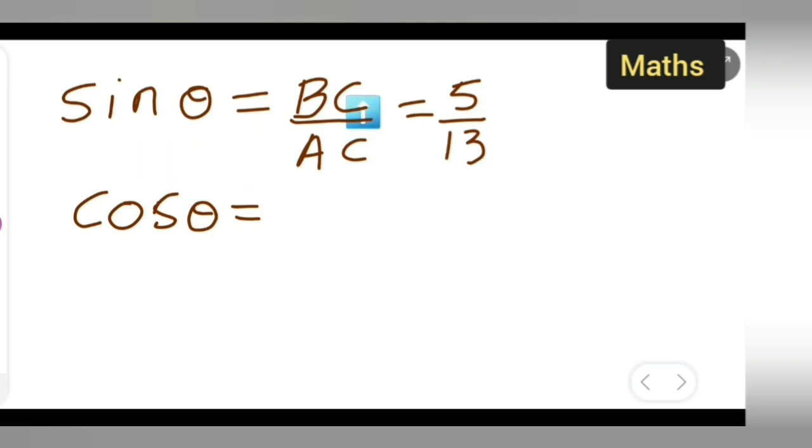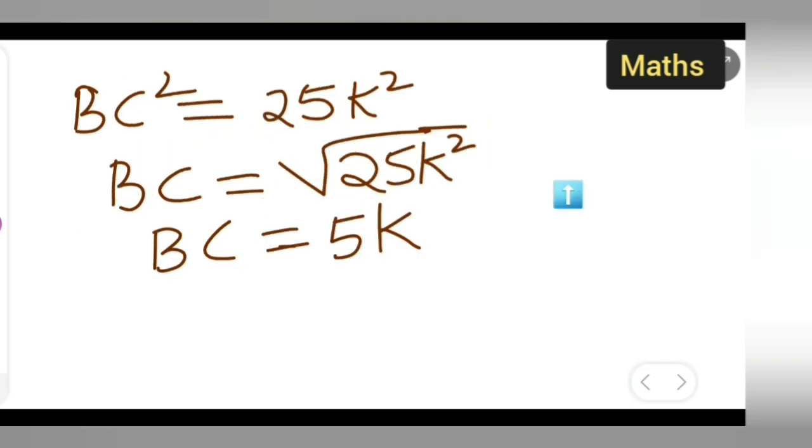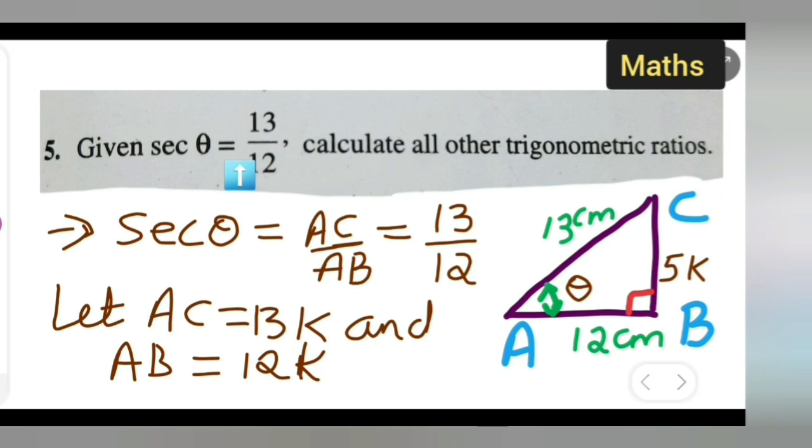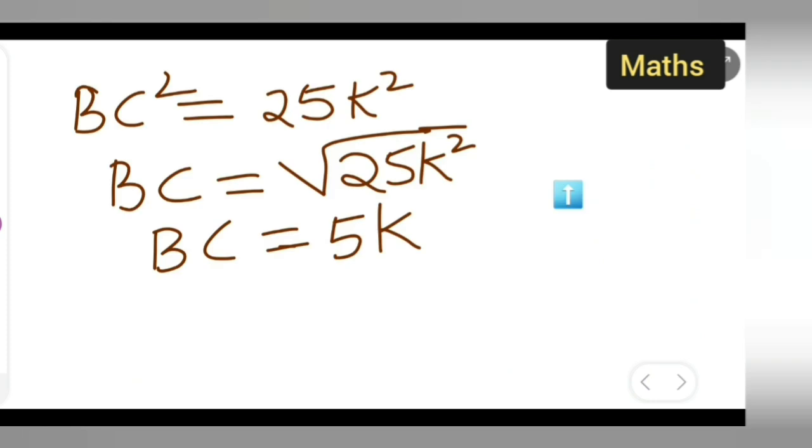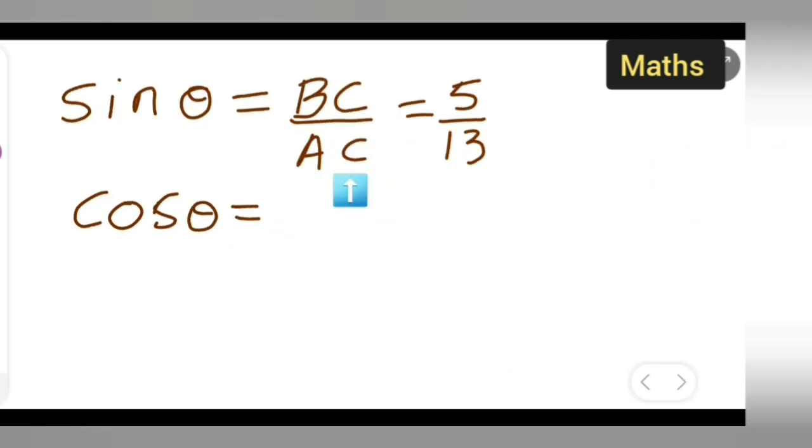Sin theta is nothing but opposite upon hypotenuse. Opposite of theta is nothing but BC. So BC upon the hypotenuse AC will be 5k upon 13k, right? So k will get cancelled. I will get 5 upon 13.